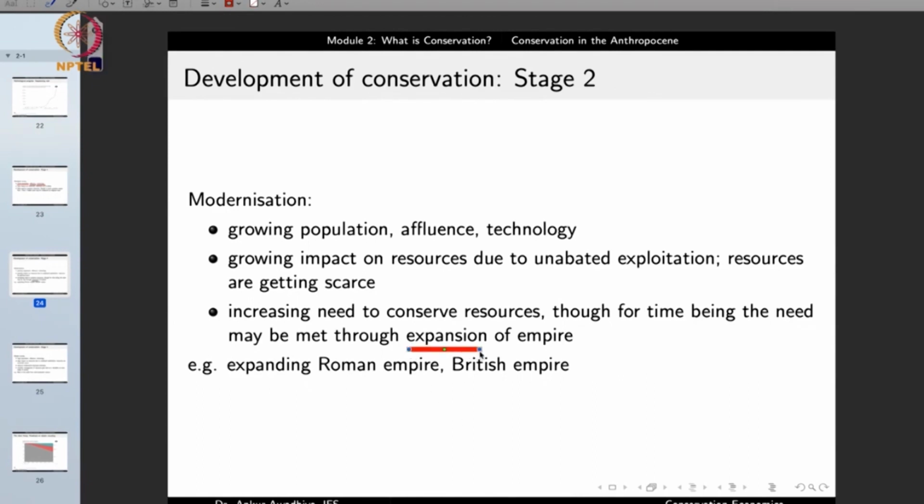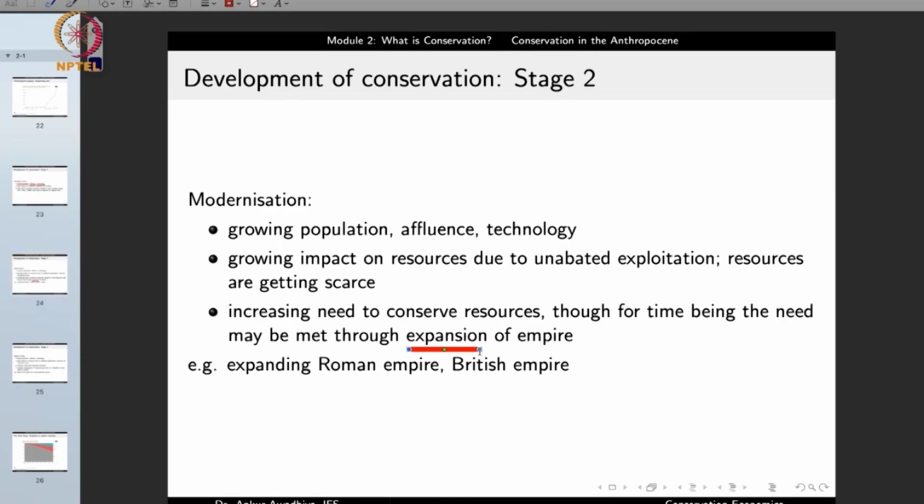So there was an increasing need to conserve the resources, but this need was not very hard pressing because for the time being, the need for resources could easily be met through expansion of the empire.